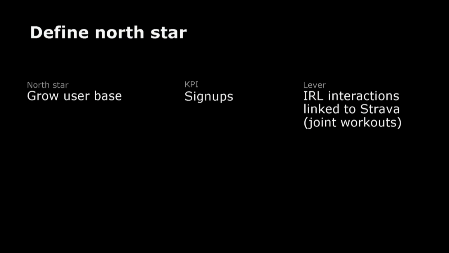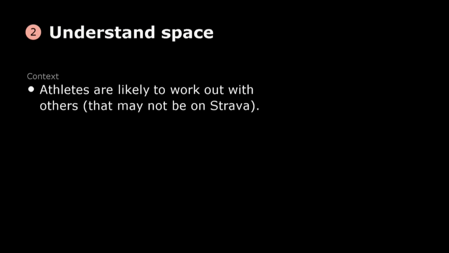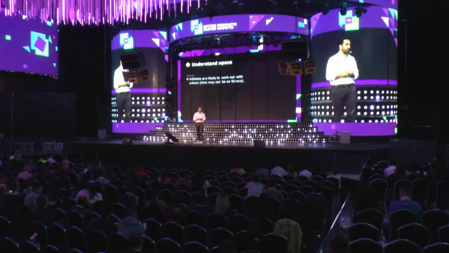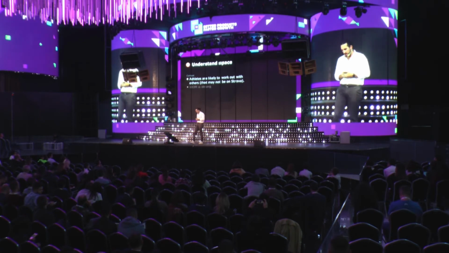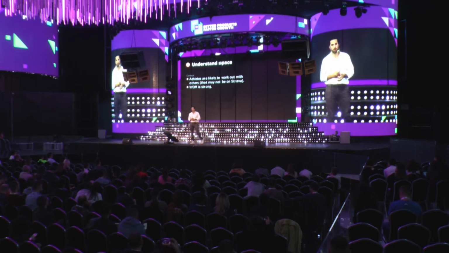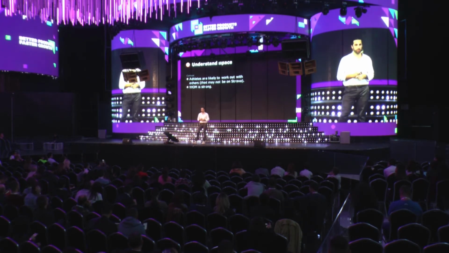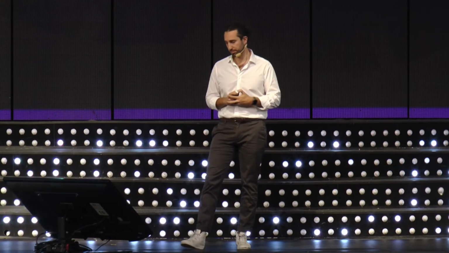So just a little bit of context. Sports are social. We know people work out in groups, and we know people work out and they're not all using our product, because otherwise we would have saturation. And additionally, word of mouth is very strong. A lot of people are joining through word of mouth already, organically.